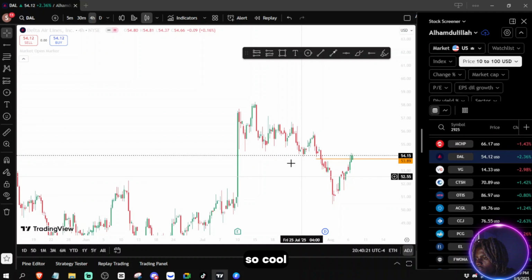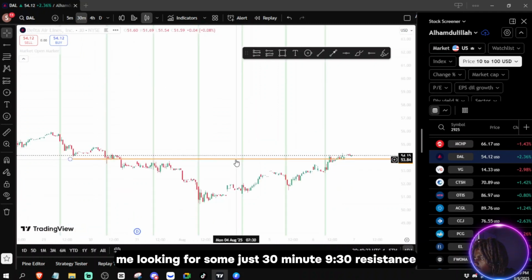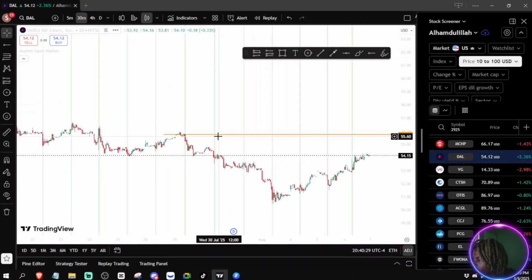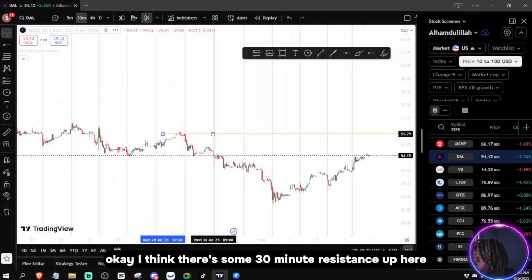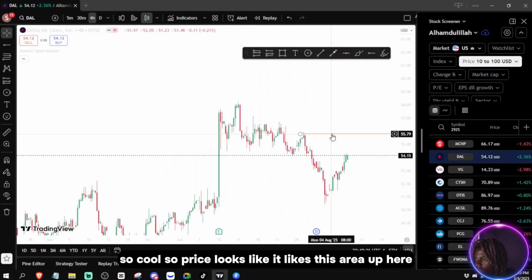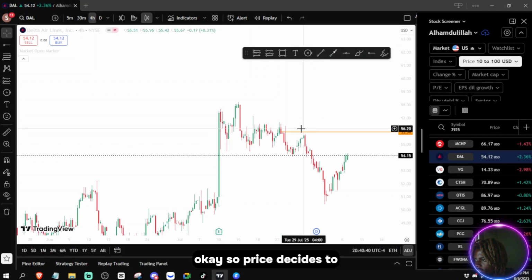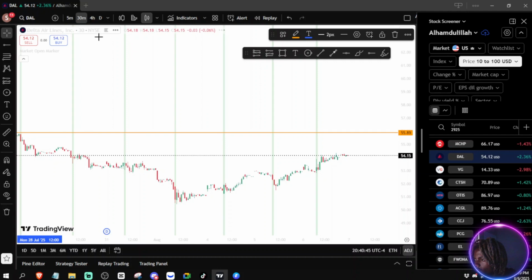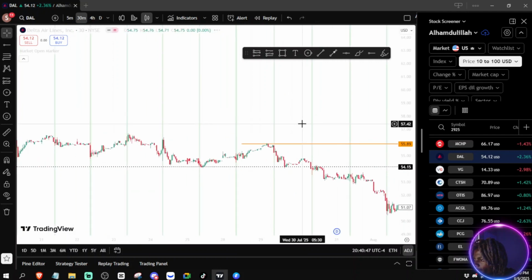So cool. I'm going to be looking for some 30-minute 930 resistance that matches up with an area where I like to play. I think there's some 30-minute resistance up here. Let's check this out in the 4-hour. Okay, so cool. Price looks like it likes this area up here. Okay, price kind of curled there.